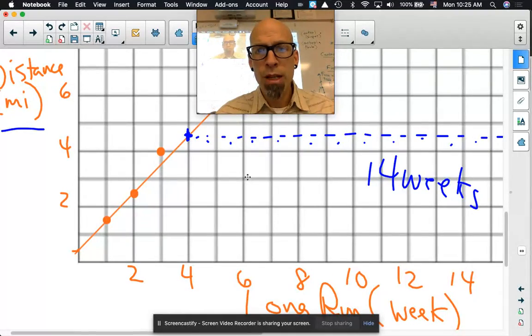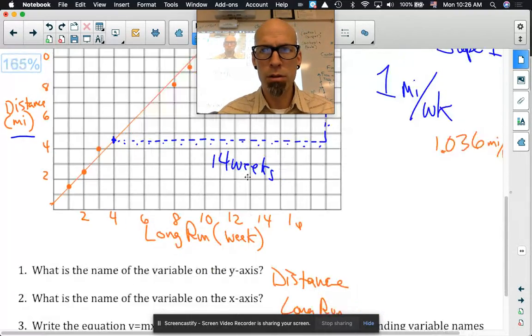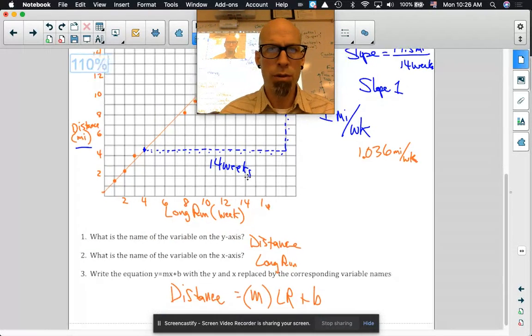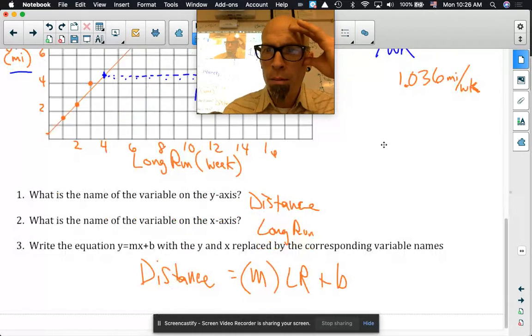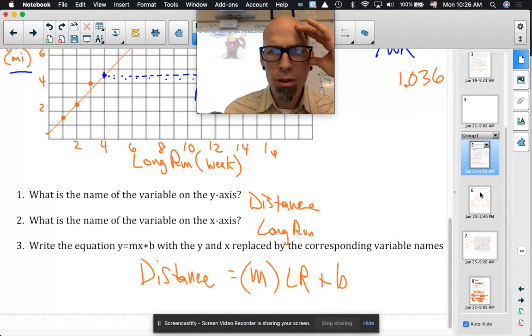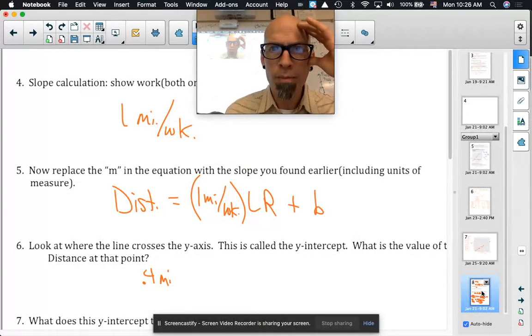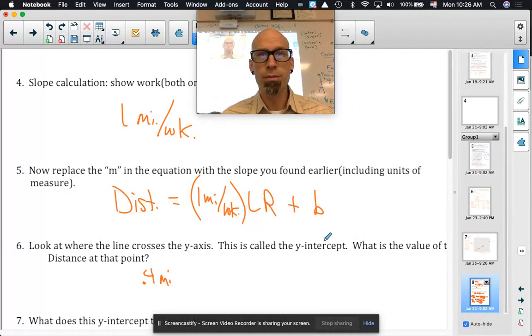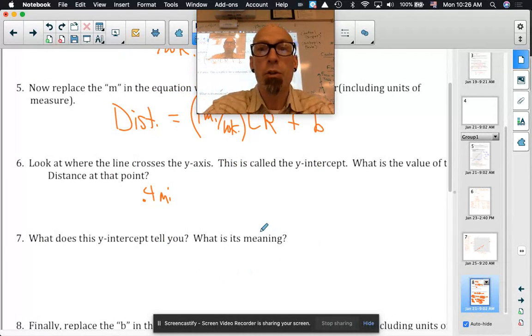Now, here's the question that we tried to answer for that. What does that mean? Like if your y-intercept is 0.4 miles like mine or whatever, what does that actually mean? Because that's the next question. What does that y-intercept tell you?